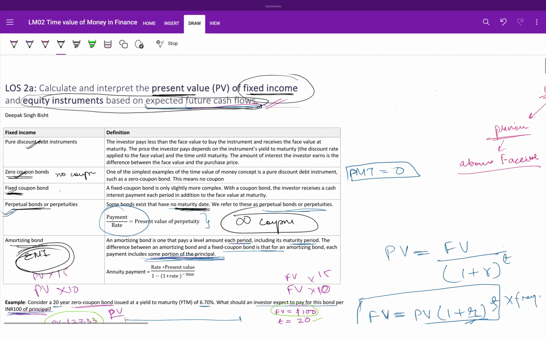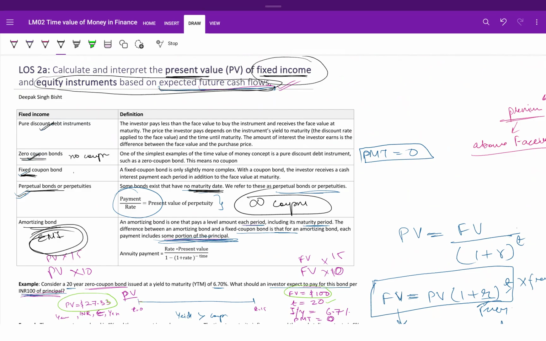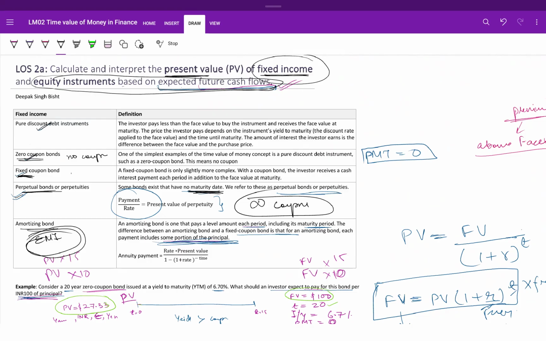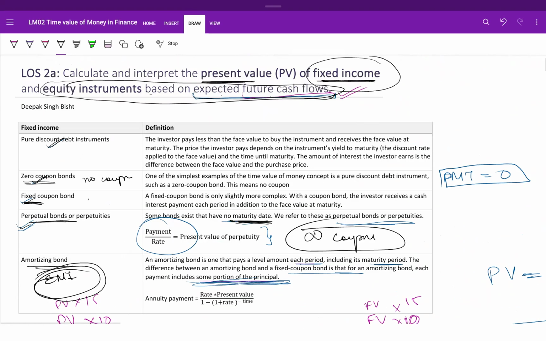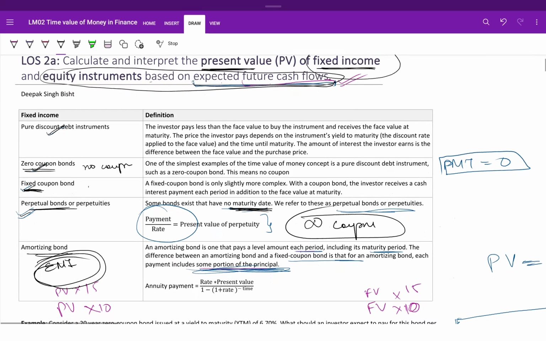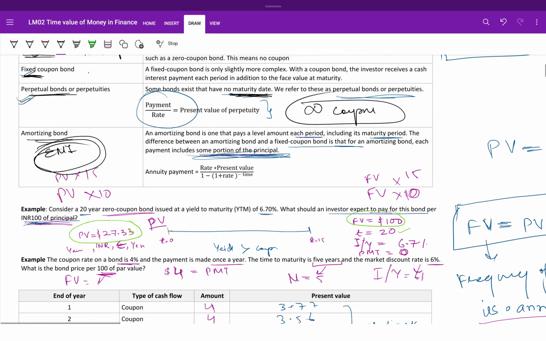The LOS wanted us to calculate and interpret the present value of equity instruments and fixed income instruments based on expected future cash flow. You need to understand the LOS first, then you will understand why they have designed the curriculum in such a way that it explains everything.